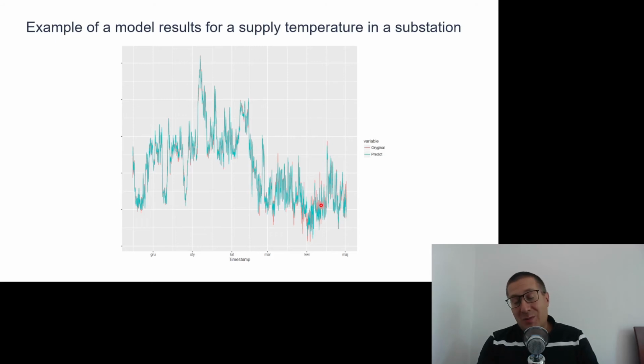As in the example that I presented to you, right? The pure machine learning approach told us that the substation in the northern part of the city was taking water from the CHP plant that was located in the southern part of the city.